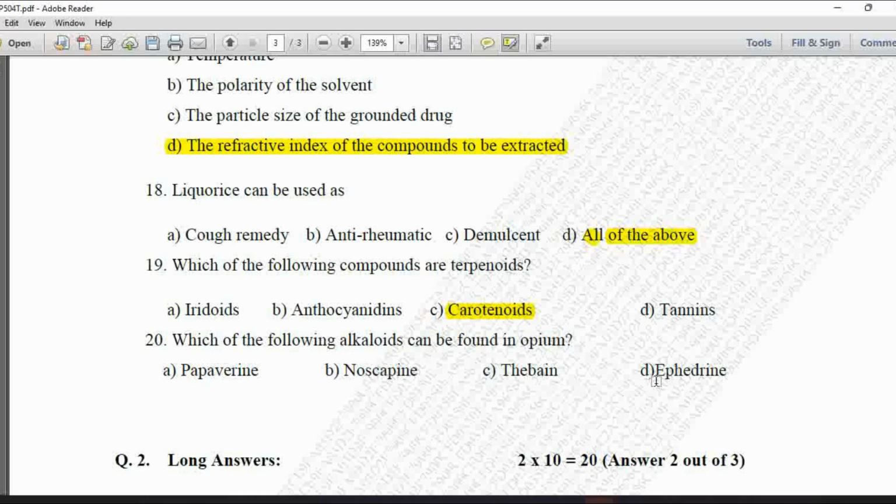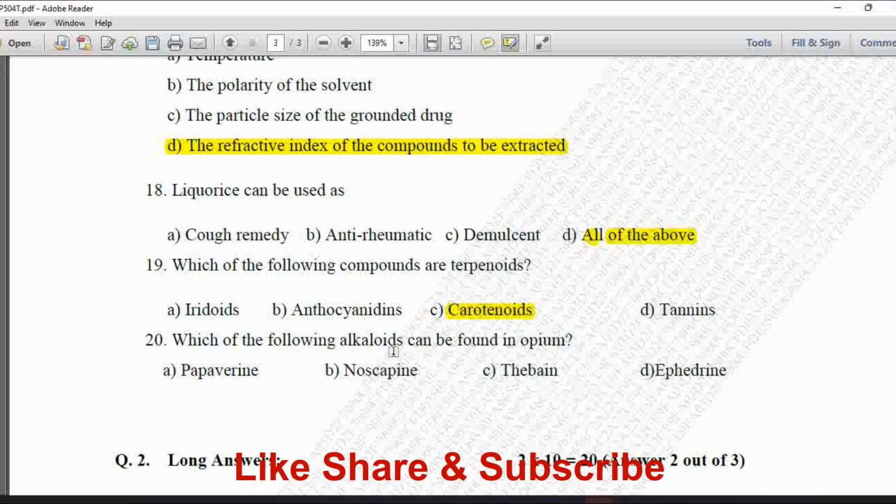Here actually the question is wrongly asked. The correct question would be, which of the following is not the alkaloid which is found in opium? That is the correct question, but it is asked in the wrong way. And the correct option for this MCQ is ephedrine, which is not an alkaloid found in opium.